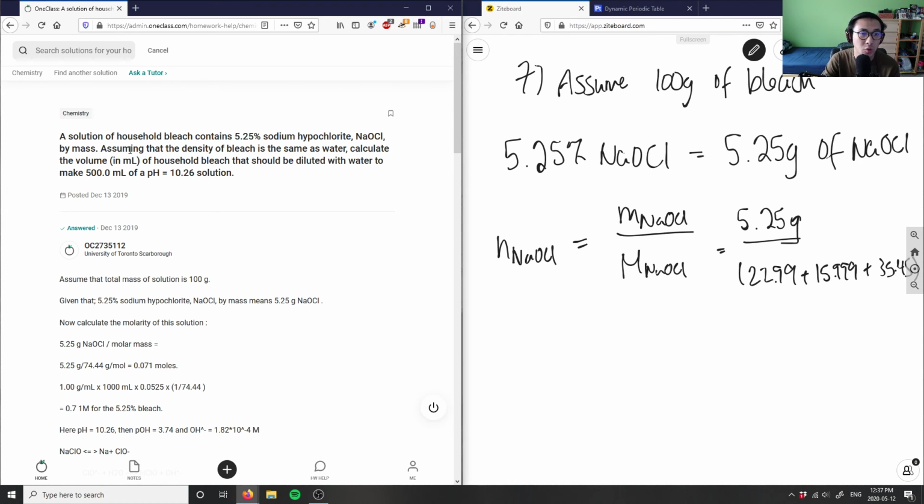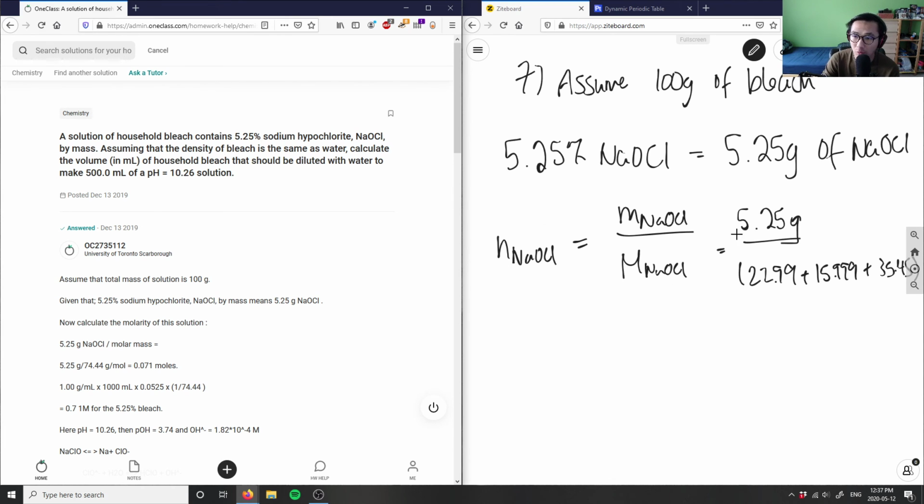It also says here, assuming that the density of bleach is the same as water, calculate the volume in milliliters. So I'm going to have to do some type of conversion here because I have to actually be in milliliters. So maybe I would save that step to the end.